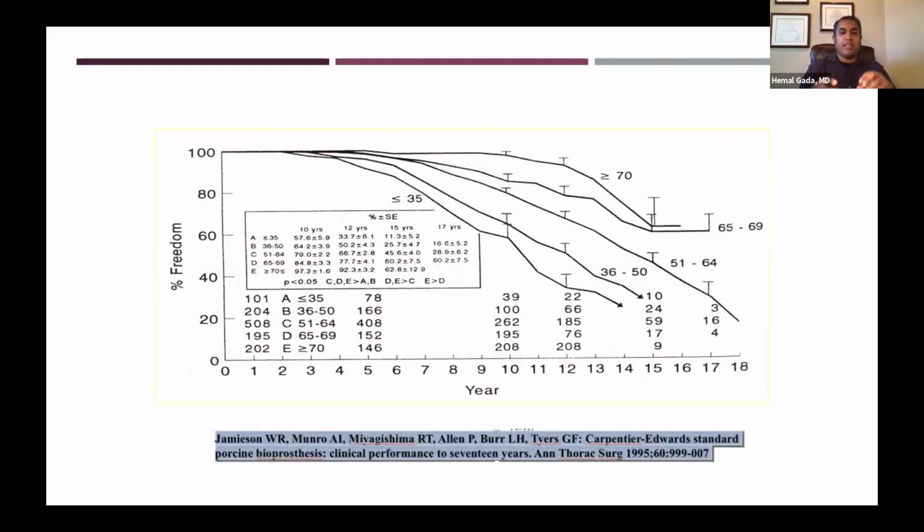What we do know is that the younger the patient is, when they do get a bioprosthetic AVR, that the durability tends to be more limited in those particular populations. There's a variety of different theoretical things we can kind of throw at that, but this has been shown time and time again in the surgical literature, that if you get a bioprosthetic valve early on, your risk of degeneration is going to be higher than if you get it later.